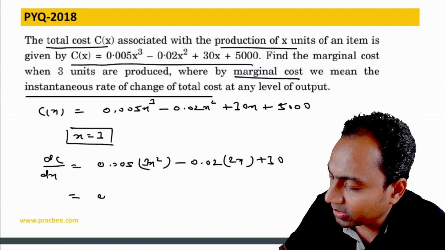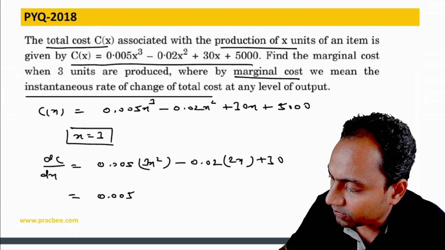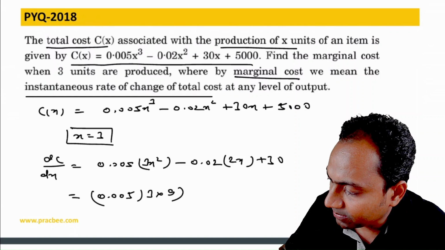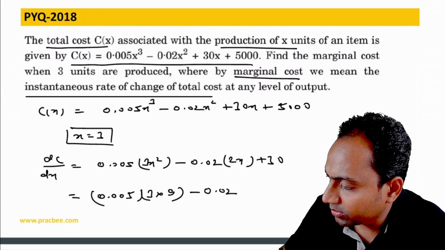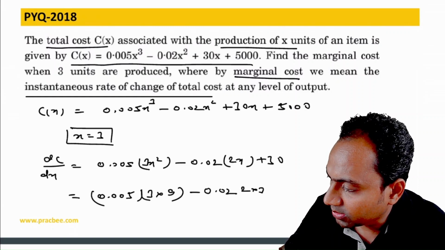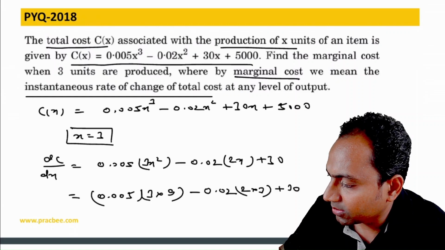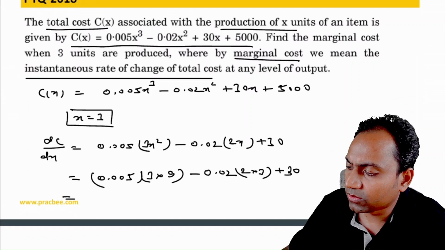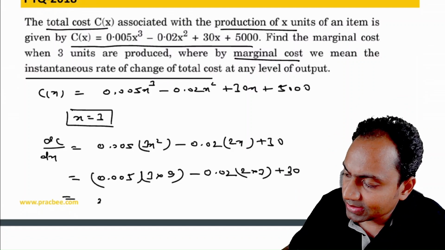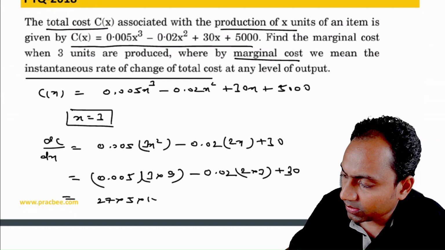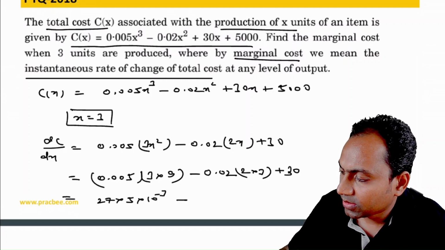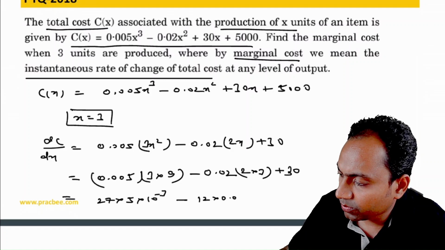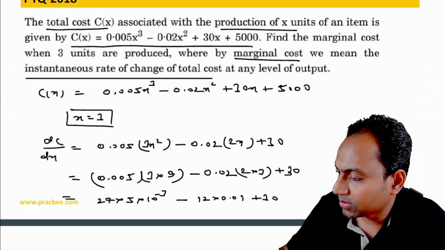And if I do so, it becomes 0.005 into 3 into 3 square, which is 9, minus 0.02 into 2 into 3, and then ultimately 30. Let us see what answer we are getting. It is 27 into 5 into 10 raised to the power minus 3, minus 6 into 2, 12 into 0.01, plus 30.